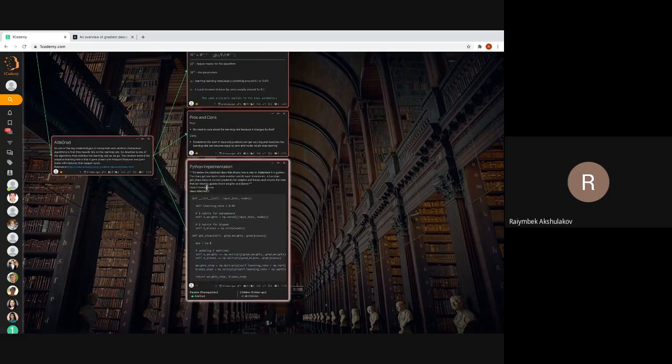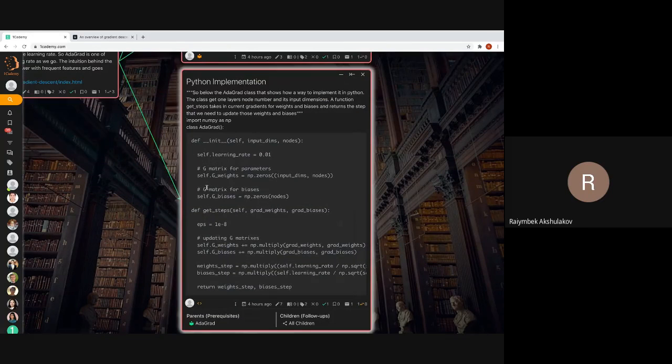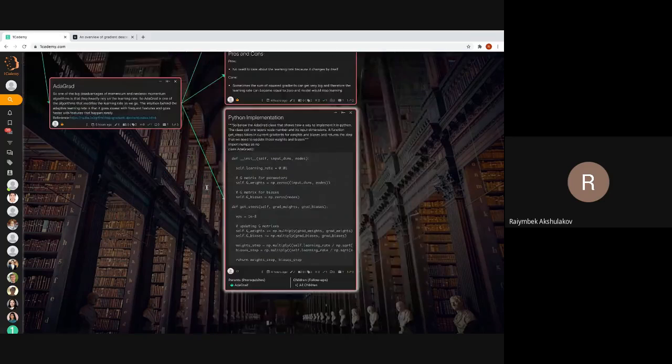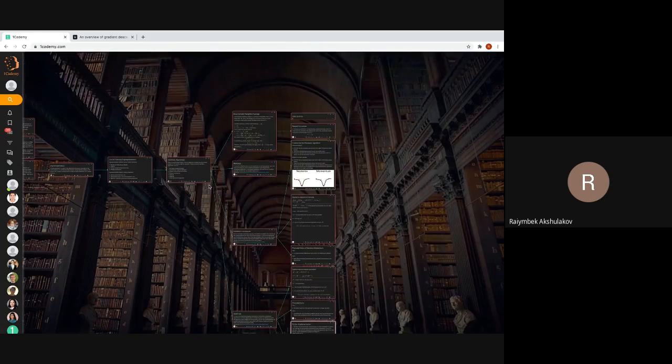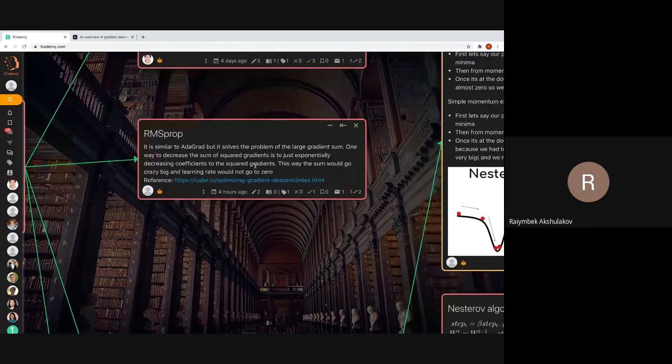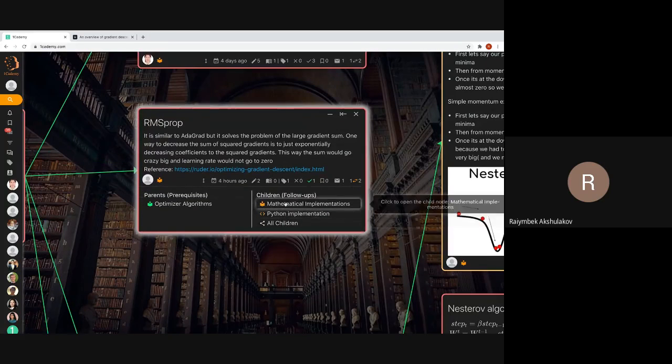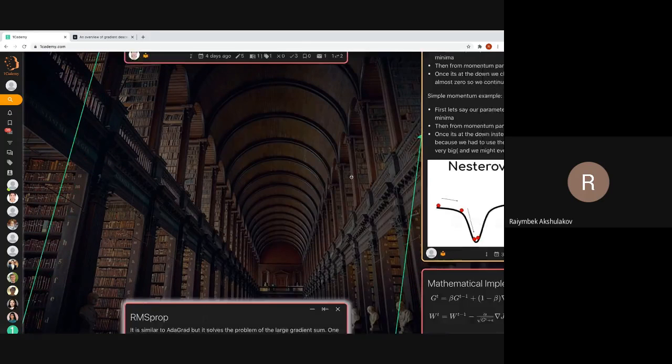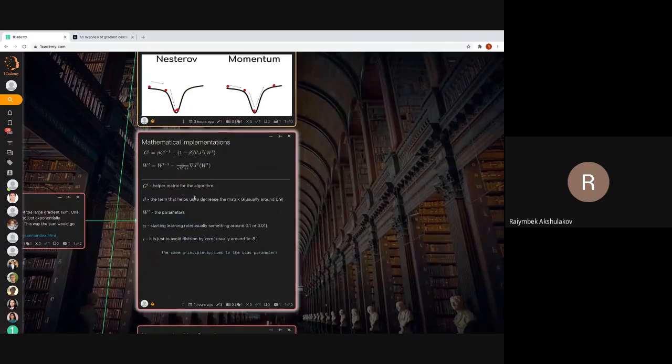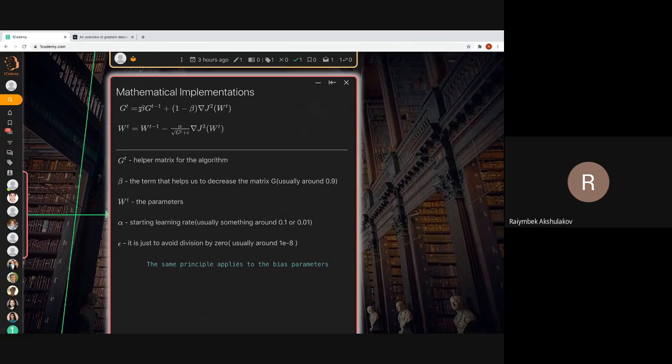So generally, if you want to check the Python implementation, you can click it here. Now it's back to RMSdrop. It's very similar, but now it's adding the beta variable, which works for the weighted average.